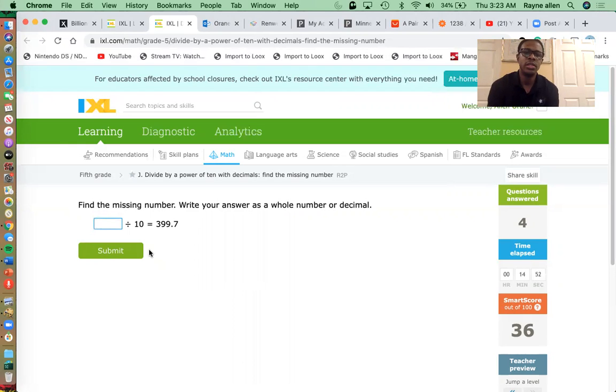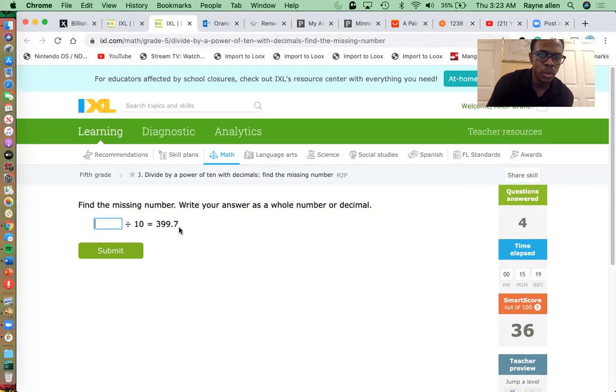So we have find a missing number. Write your answer as a whole number or decimal. So yeah, pause the video if you want, try to figure it out, but we should have the concept by now. So we have something divided by 10 is equal to 399.7. So again, dividing by 10, we know we're moving a decimal to the left, and it's because it's 10, 1 time.